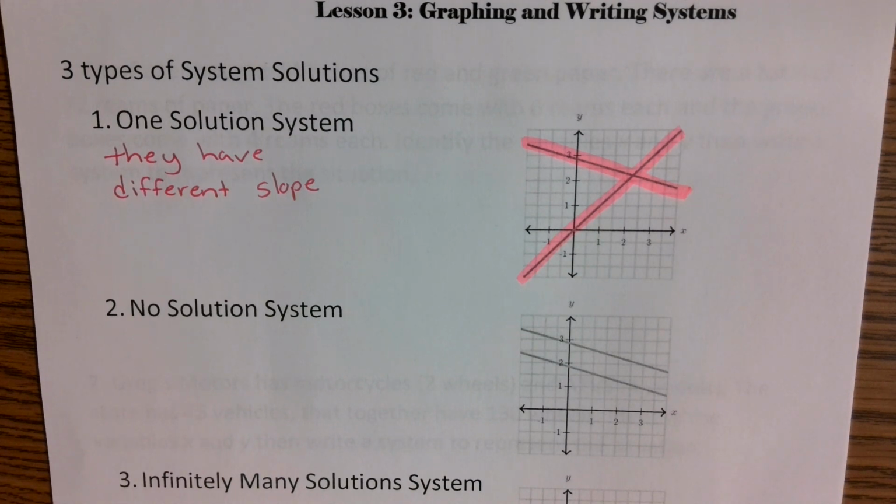So that causes them to intersect at a specific point. That point could possibly be the y-intercept, so maybe they have identical y-intercepts but different slopes, or they can have completely different y-intercepts and the point that they intersect at is off of the axes, somewhere inside one of the quadrants.